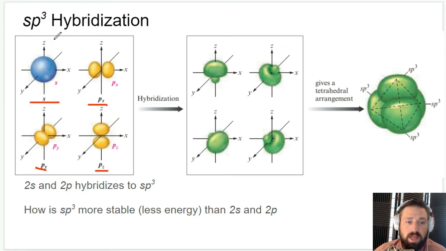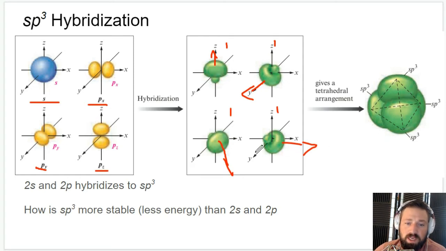So we still have 1, 2, 3, 4 orbitals, but they all look the same. The only difference is that they are facing different ways. This one's facing straight up. This one's facing down and a little bit away from us. This one's facing down and towards us. This one's facing down and away from us to the right-hand side.